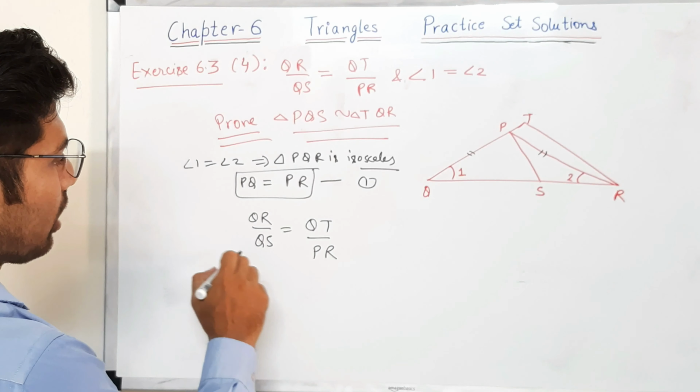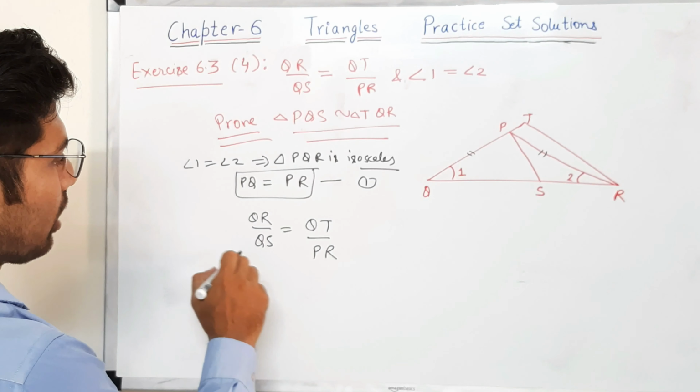What does this mean? Consider this line for this triangle, triangle TQR. PS is parallel to TR, and this angle is common.